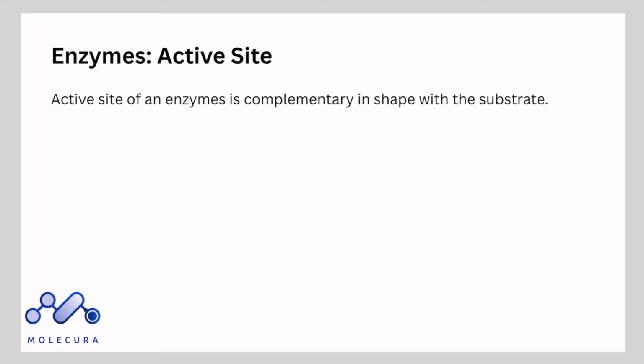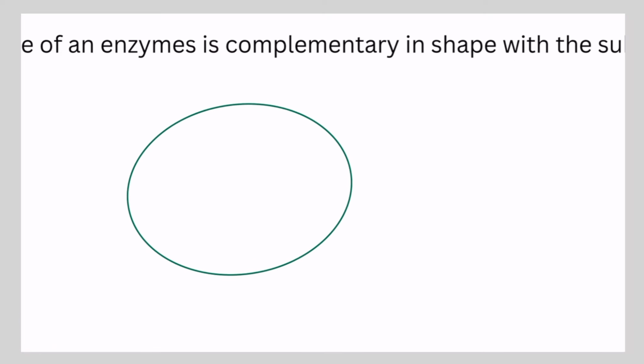So now let's try to look at the structure of an enzyme. So let's say this is our enzyme, and what we are having here is an active site. Active site is the site where the enzyme and the substrate bind to each other. So this is our active site.